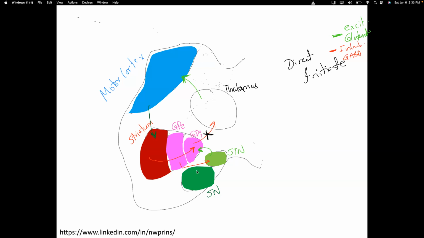In other words, we want to inhibit the inhibition from the GPE to the STN so that this will be excited, so that this will be inhibited and the activity of the motor cortex will be reduced. So let's see how we're going to do that.